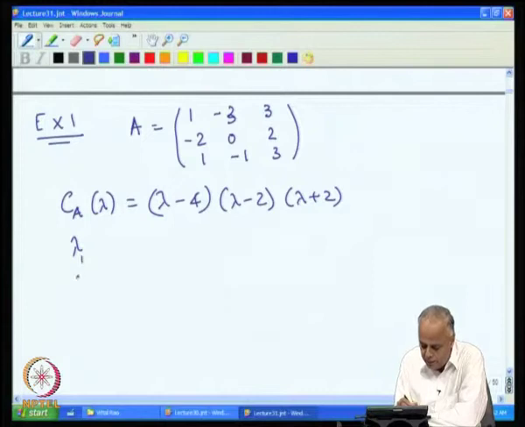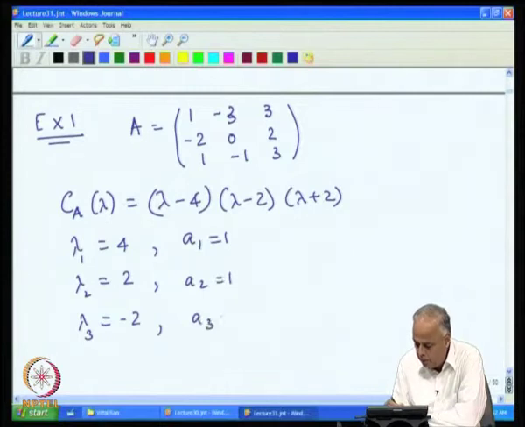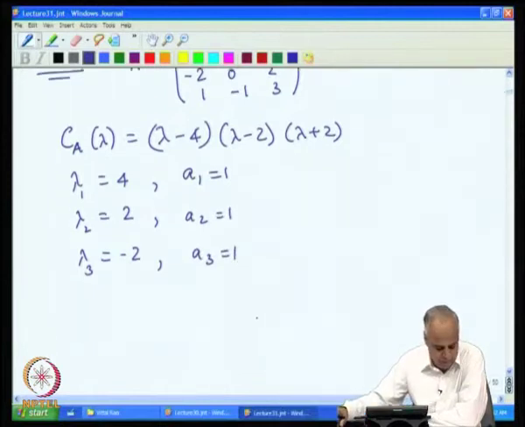Consequently, the eigenvalues were lambda 1 equal to 4, lambda 2 equal to 2, and lambda 3 equal to minus 2, and each root occurs only once, and therefore the algebraic multiplicity is A 1 equal to 1, A 2 equal to 1, A 3 equal to 1.